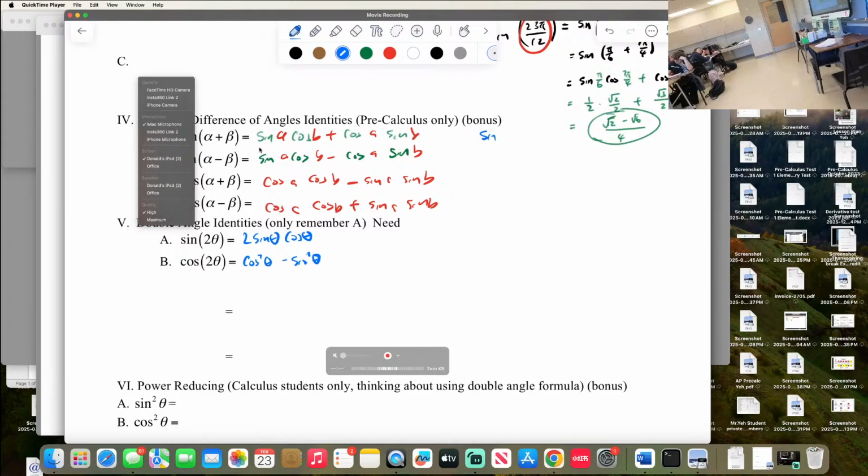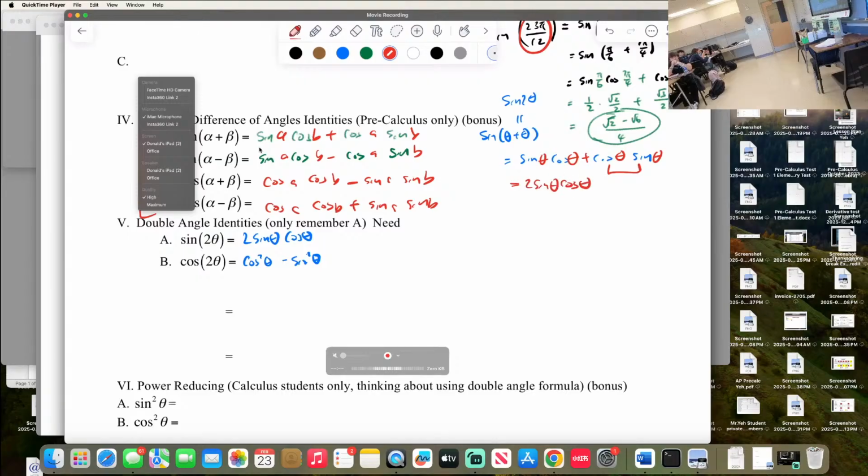If I have sine of theta plus theta, does that mean sine of 2 theta? And that means SMS, so sine, cosine, cosine, sine. Do you remember this? Instead of A, B, we place theta, theta, theta, theta. And there's a plus, and this can switch the order, remember? That becomes 2 sine theta, cosine theta. I don't need to memorize that because I can prove it.